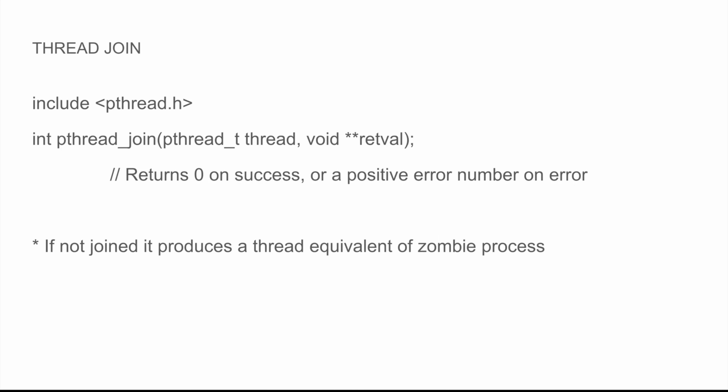I'll add a link to that video somewhere on the screen so that you can understand what zombie processes are and how they get created. A zombie process can be understood as a dysfunctional entry that the kernel has to maintain in its process table. This entry is needed because the parent process would like to know what happened to the child, how the child terminated.